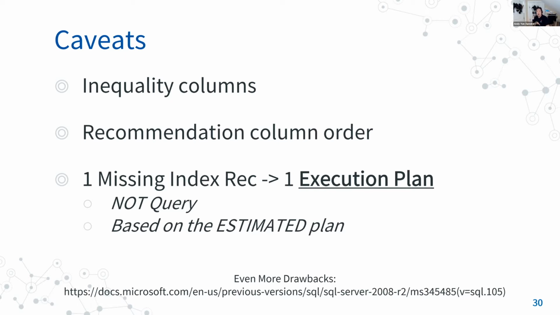That's because all execution plans are fundamentally estimated execution plans that are generated by the query optimizer based upon things like statistics. It's making educated guesses using statistics and things like that, which also means that your missing index recommendation is derived from potentially inaccurate information.